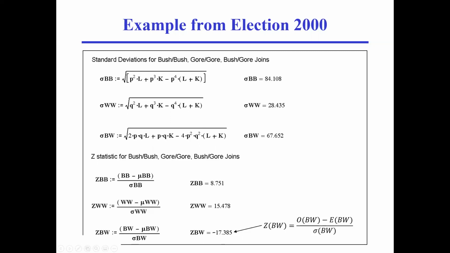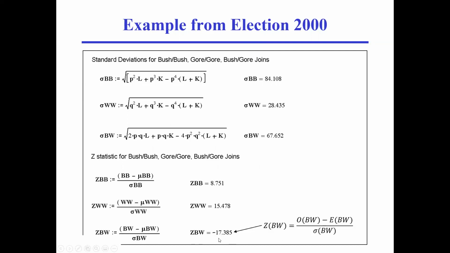Which means this specific value is safely in the rejection area, which means that its absolute value will be larger than the absolute value of the critical value, because it's negative here, right?